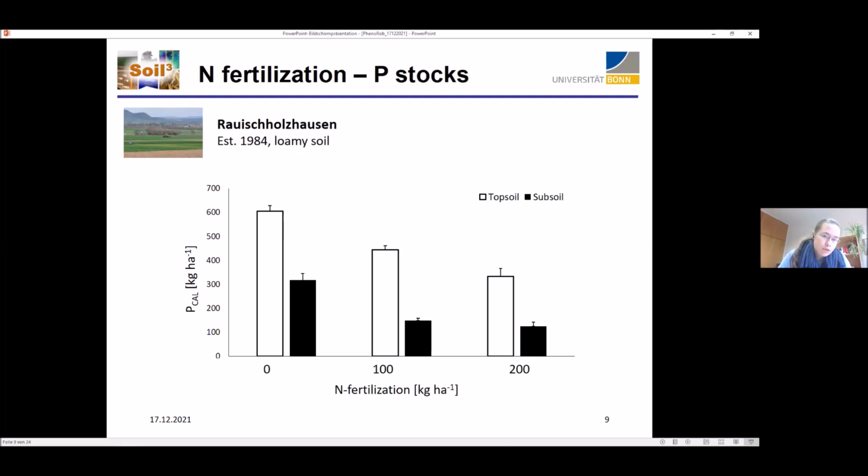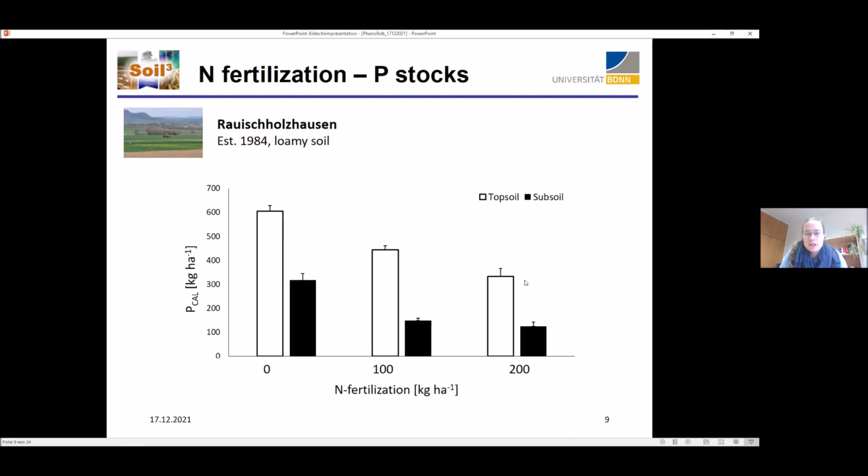And again, first of all, we look at the stocks of plant available phosphorus, and you see the highest stocks of plant available phosphorus are in the treatments that did not receive any N fertilizer at all. So apparently, with the missing N fertilization and very weak plant growth, most of the phosphorus that is in the soil just accumulates and is not used or not efficiently extracted by the plants.